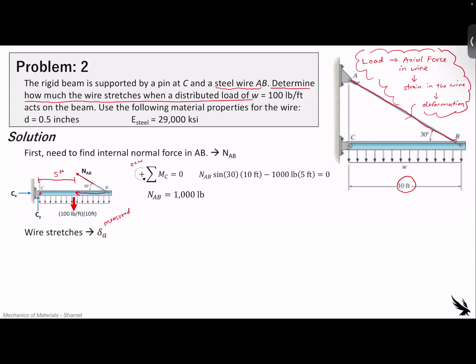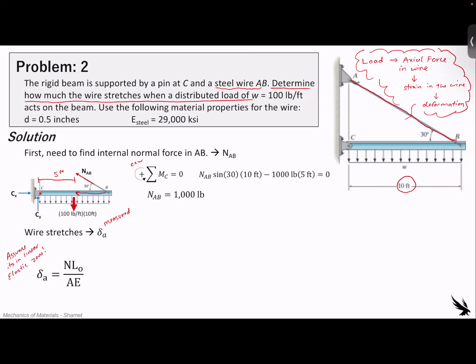Or, if you recall, we have an equation for deformation as long as we assume it's in the linear elastic zone. Given we weren't given any yielding stress or anything, we're going to assume that it's in the linear elastic zone, which means we can use this equation for deformation.